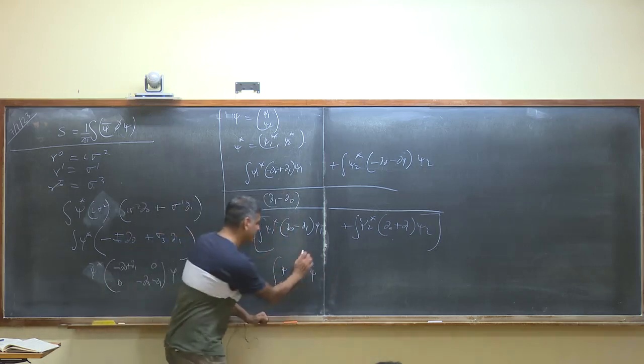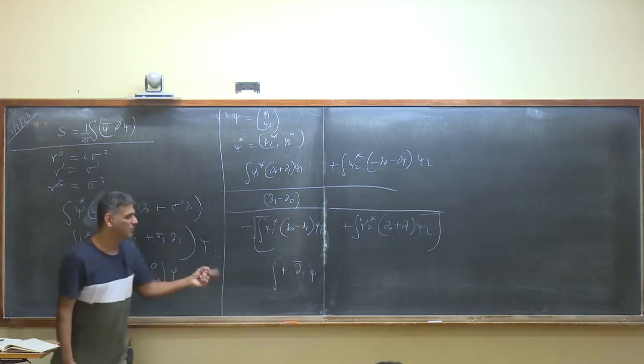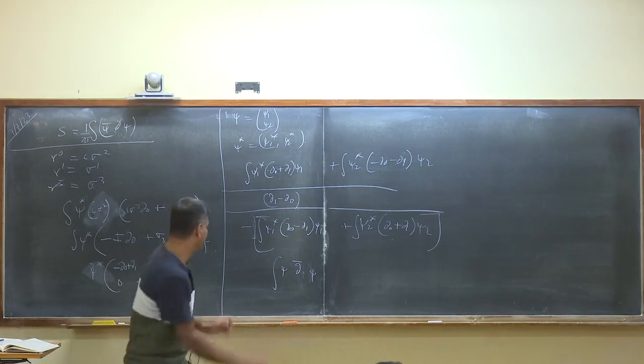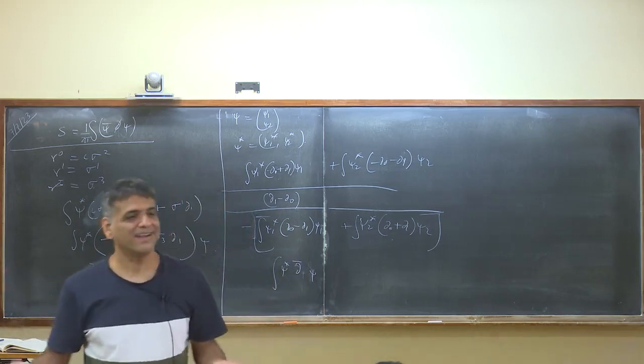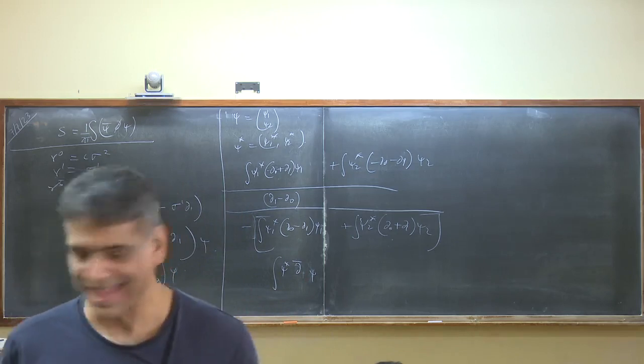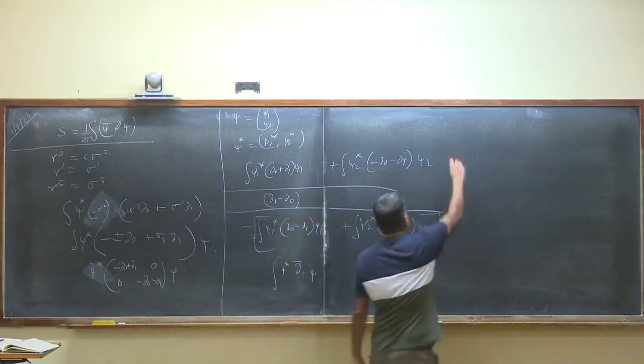And one of them will go into Euclidean space into psi star del bar psi, and the other one will be psi star del psi.